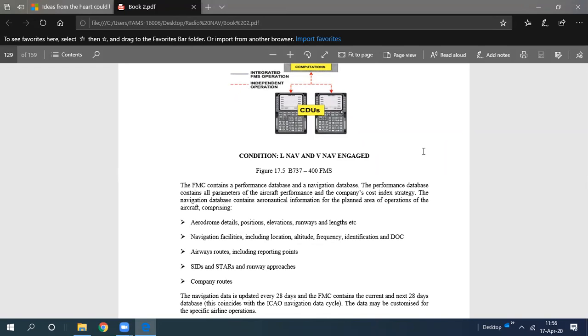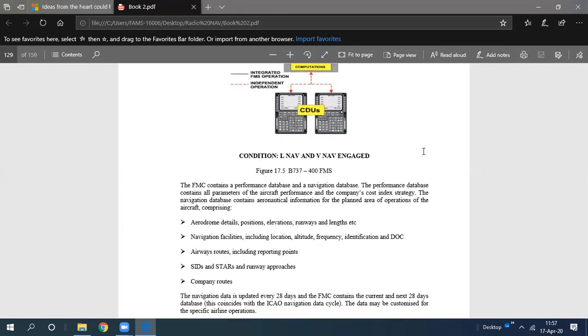The navigation database is basically for you to see, and you as a pilot can only read it.